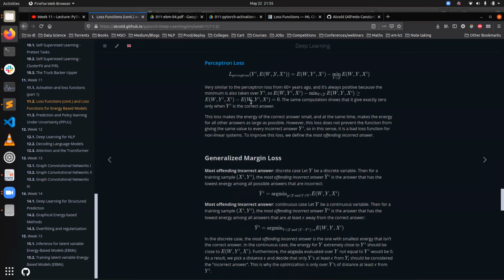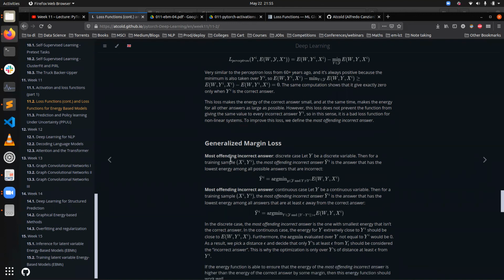To improve this loss, you consider something called the most offending incorrect answer. The most offending incorrect answer is basically the answer, among the other y values, for which the energy is the lowest.